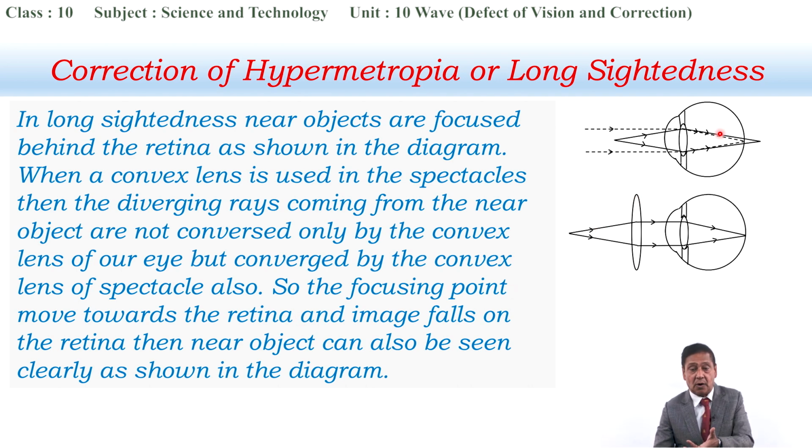So the focusing point, which was here in the previous case in the defect, moves towards the retina and the image falls on the retina. Then the near object can also be seen clearly as shown in this diagram. It's very simple and clear if we understand this in a sequential way. I mean to say, you have to remember this in sequence. This is the correction of hypermetropia.